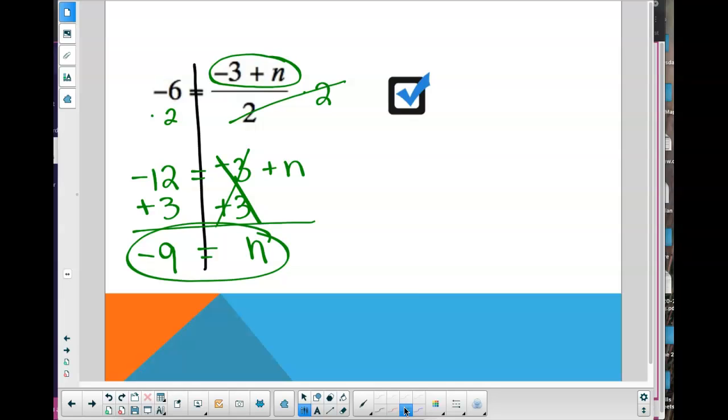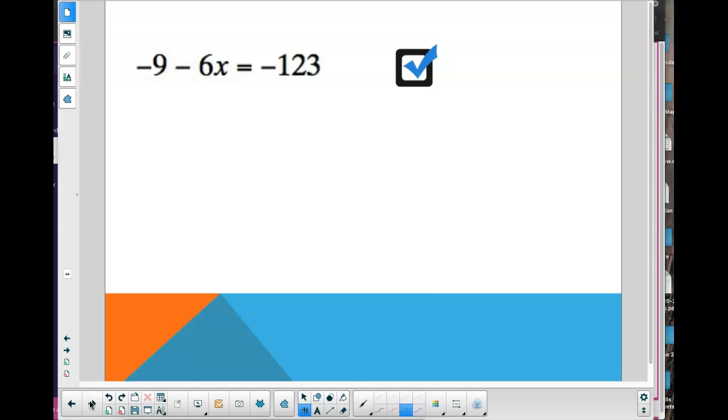Okay, flip the page. We have 2 more problems to do. Draw a line by the equal sign. This one I put on here because I want you to recognize that the variable has a best friend, but this time its best friend is not just the 6. What's the variable's best friend in this case?